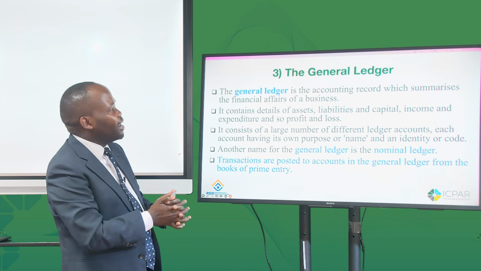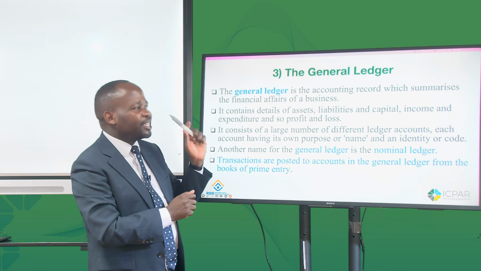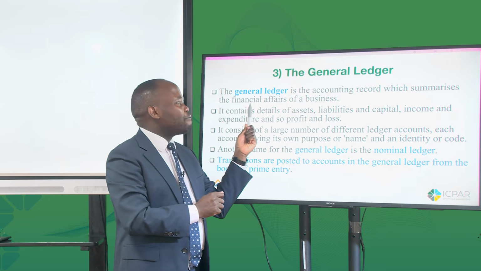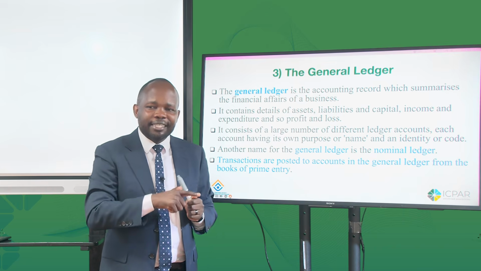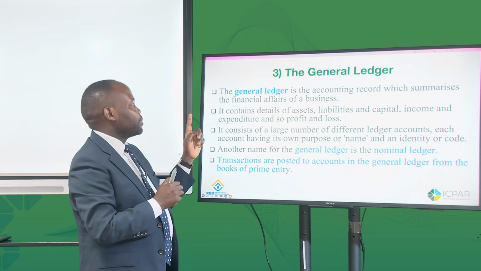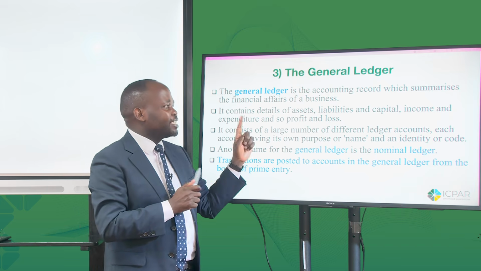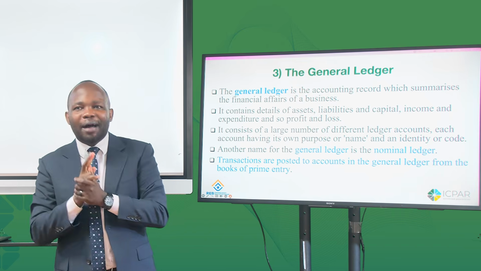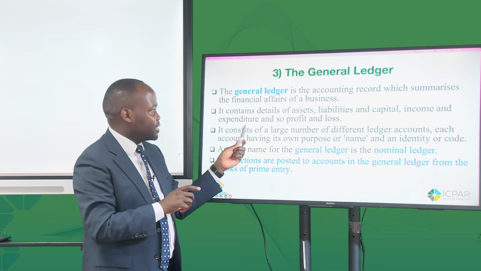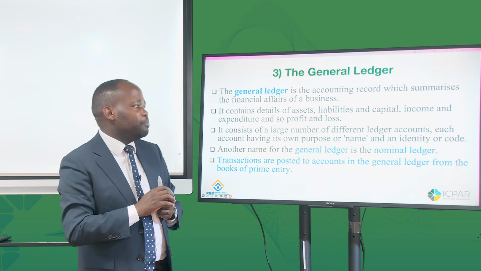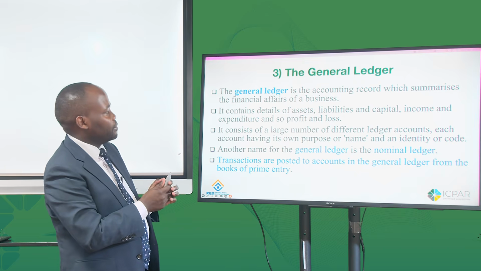In a general ledger, it is the accounting record which summarizes the financial affairs of a business. We had already presented it through the chart. It contains details of assets, liabilities, capital, income, and expenses, and so the profit or loss the business is going to make.